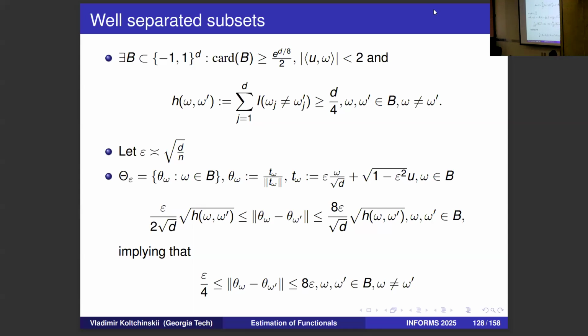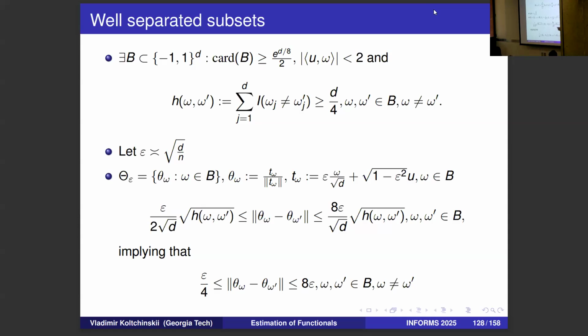And we need also an additional condition that U inner product with omega is less than 2, okay? And then the main condition is that Hamming distance between omega and omega prime will be large, larger than d over 4.